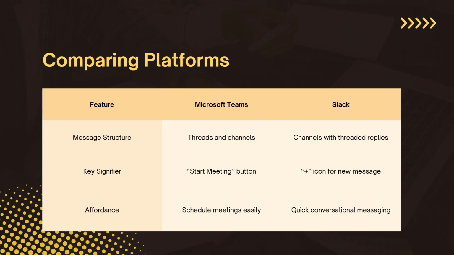Next, consider a key signifier in the interface. In Microsoft Teams, one of the most prominent signifiers is the Start Meeting button, which clearly indicates that meetings and scheduled collaborations are a central part of the platform.